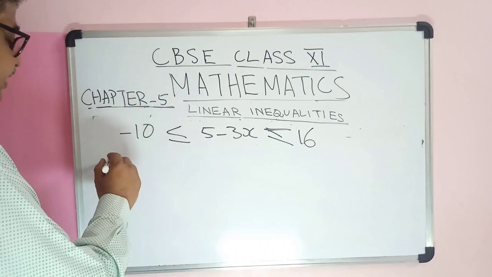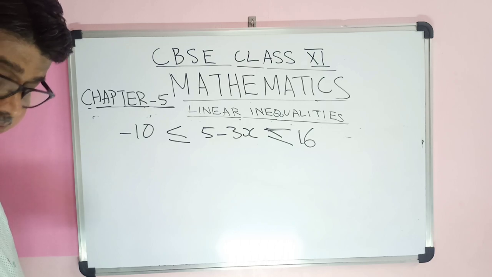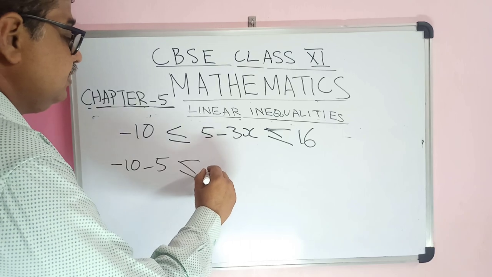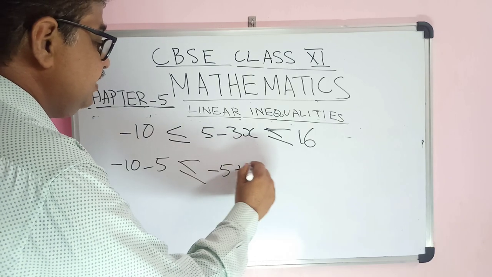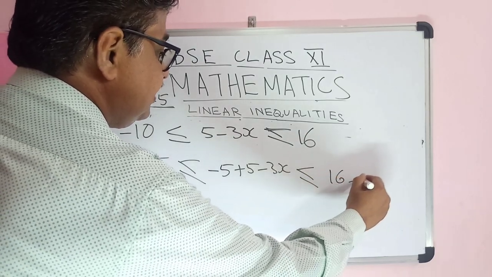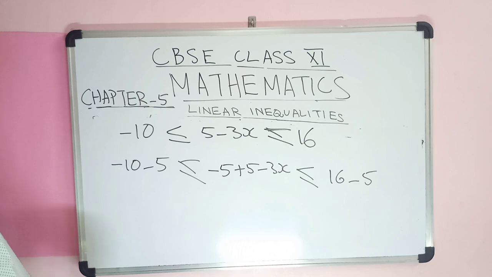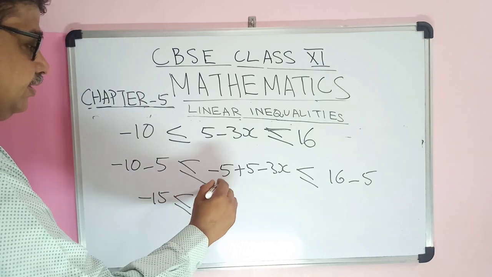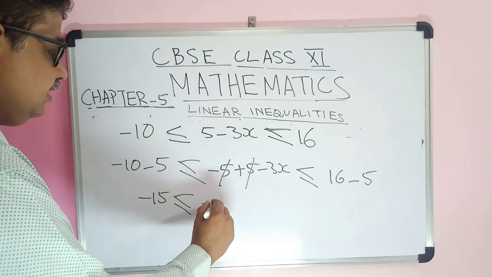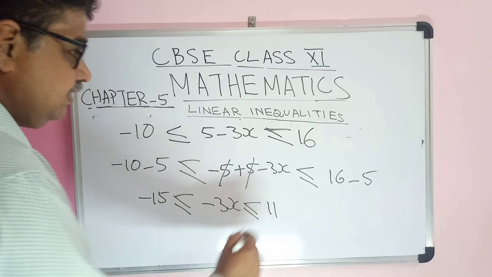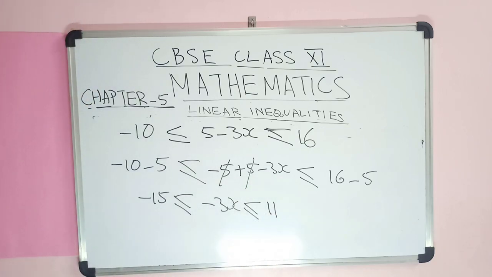Add minus 5: minus 10 minus 5, minus 5 plus 5 minus 3x, 16 minus 5. It becomes minus 15 less than or equal to minus 3x, this cancels, less than or equal to 11. Divide by minus 3.